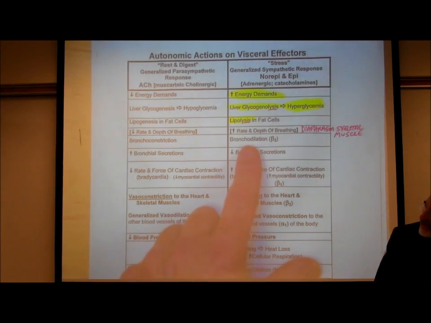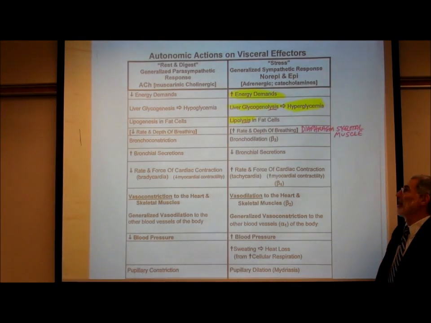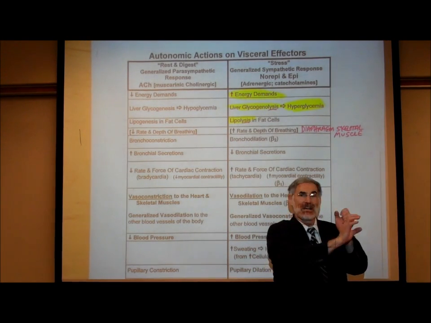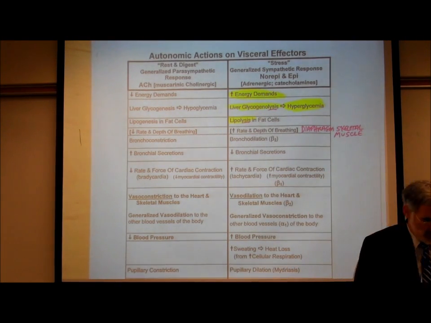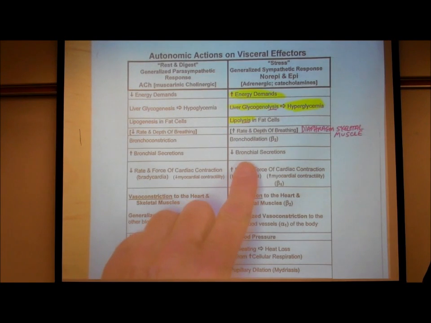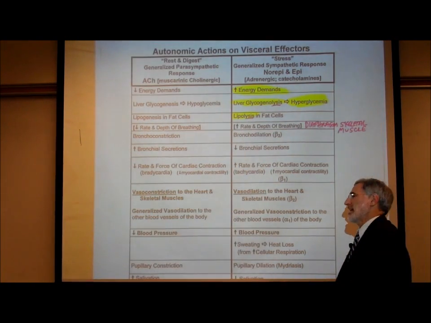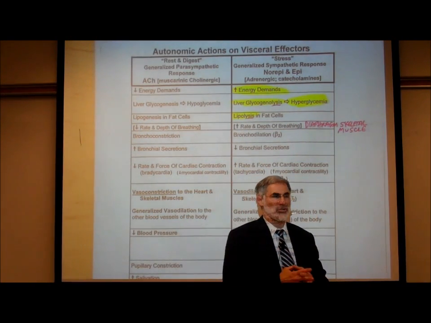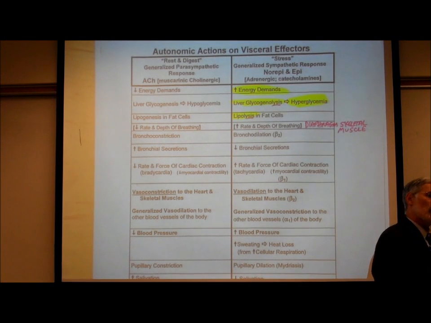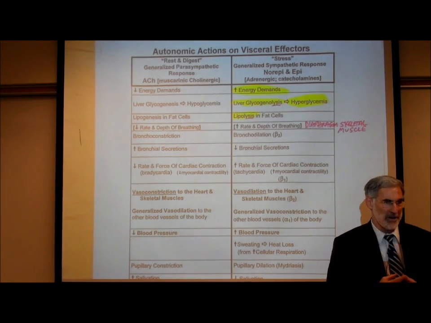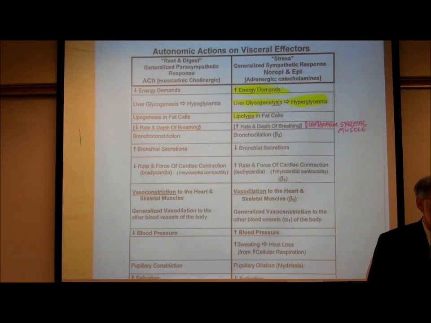And that is autonomic, because autonomic motor neurons control dilation and constriction of these airways. Another interesting thing is that during a stress state, you secrete less mucus. There's less mucus secretions everywhere. Your mouth goes dry, your nose goes dry.